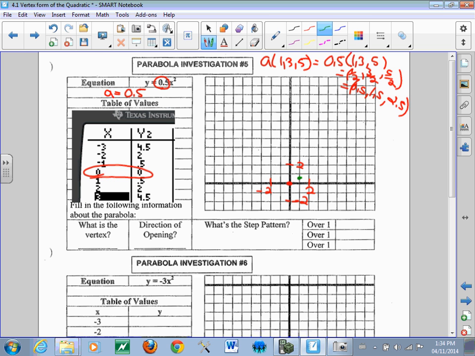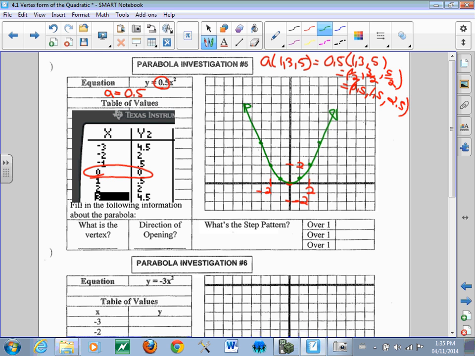As I go over 1, instead of going up 3, I'm going up 1.5. And as I go over 1, I'm going up 2.5. So it's getting wider than it used to be. Same on the other side. Over 1, up 1/2. Over 1, up 1.5. And over 1, up 2.5.